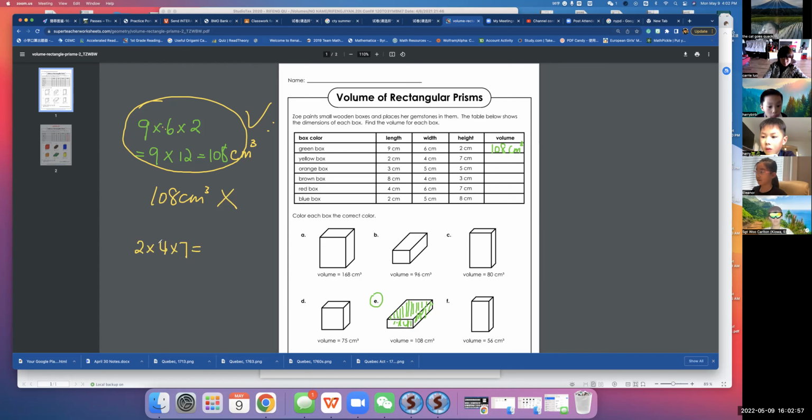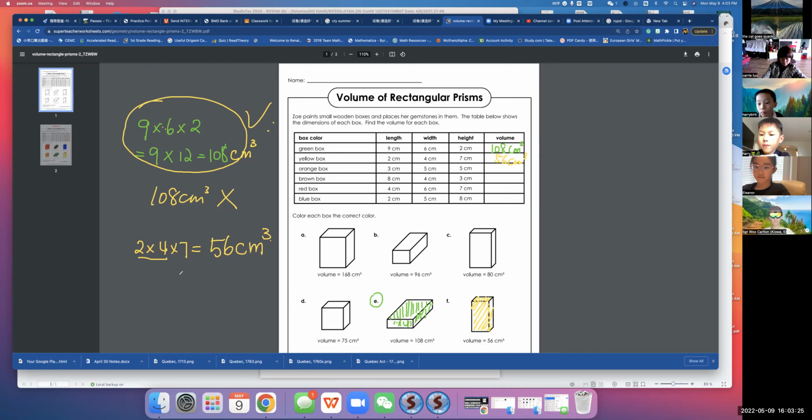Very good. 2 times 4 equals what, Eleanor? 56. Very good. Centimeters cubed. 56 centimeters cubed. So which one is yellow? F. Very good. So we're going to color it F.